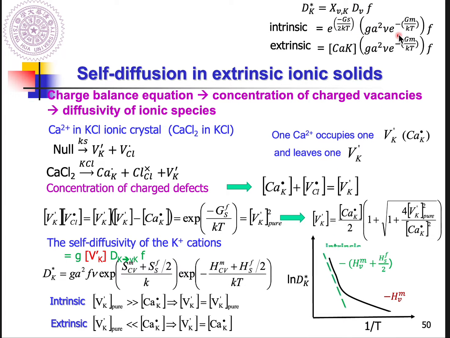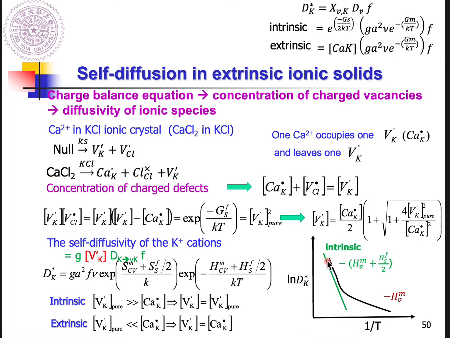The first slope will be this green one, because the temperature dependent term will be Hs over 2, the Ch4 defect formation energy over 2, plus the migration enthalpy. So this slope actually includes the k, so it's Hs over 2k plus Hm over k.